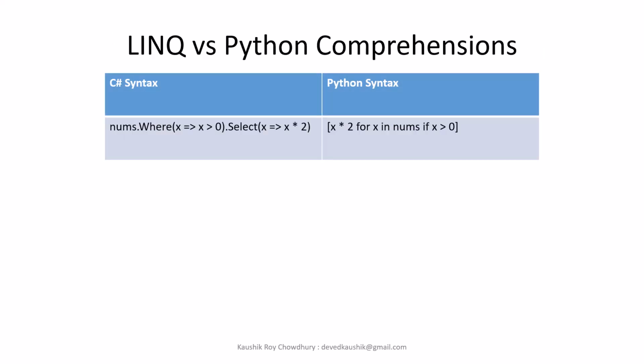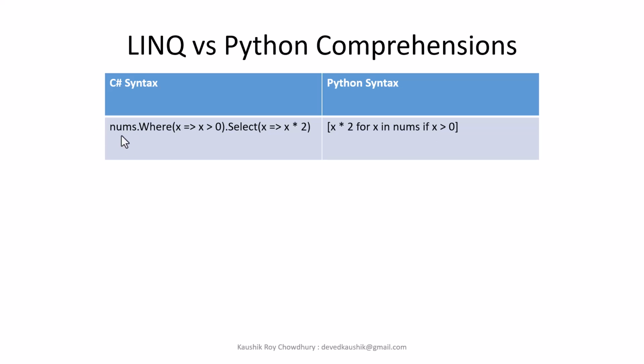Now LINQ versus Python comprehensions. You might love LINQ in C# and Python has something equally elegant, list comprehensions, which we have already learned in the loop section. A single line x times 2 for x in nums if x is greater than 0 replaces both filtering and projection and is used everywhere in Python data science.